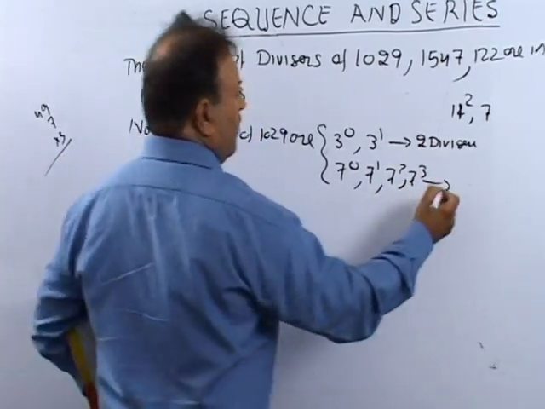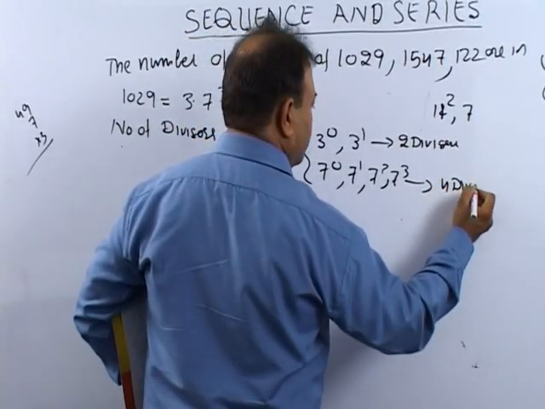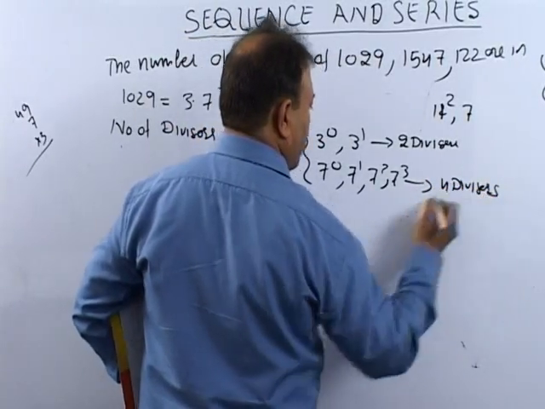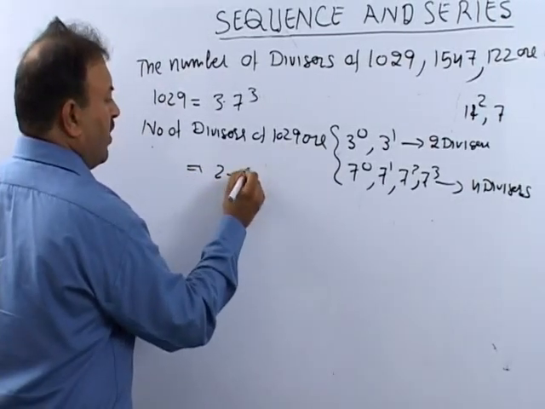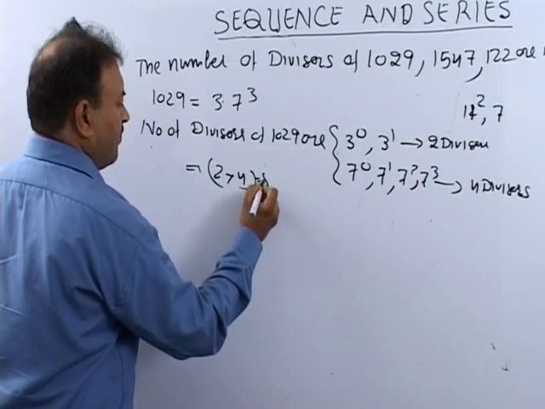In all there are 4 divisors. Overall there will be 2 into 4, which is 8 divisors.